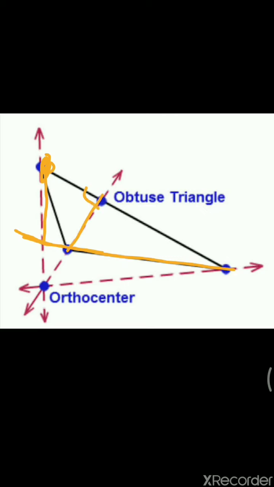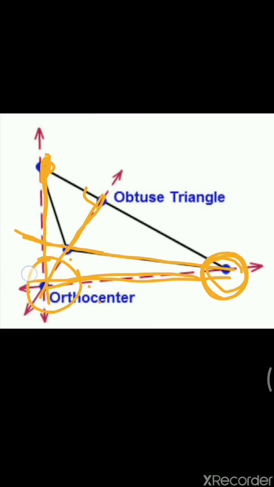But similar in this case, when you draw altitude from this vertex, it will be again outside. Okay, so two are outside and one is inside. So it is not possible for them to intersect inside. We can extend them. I have extended this one, and this. These three intersect, or we can say they are concurrent outside the triangle. So orthocenter of obtuse angle triangle is outside.